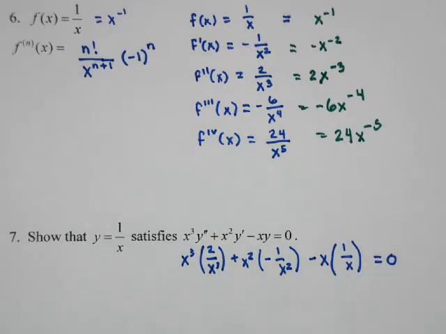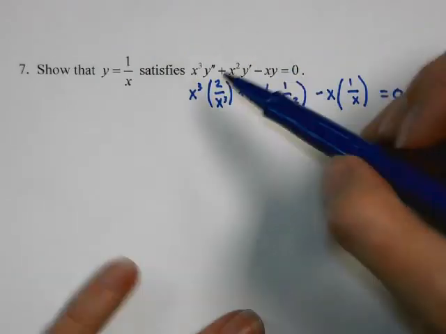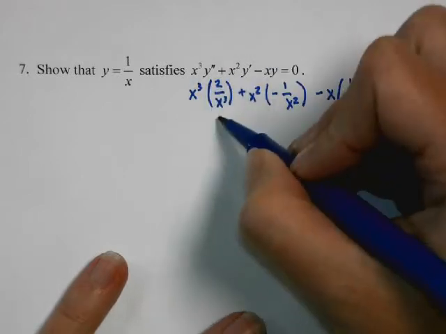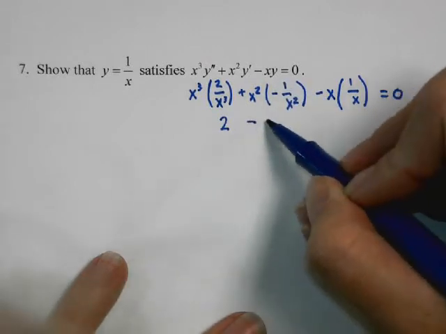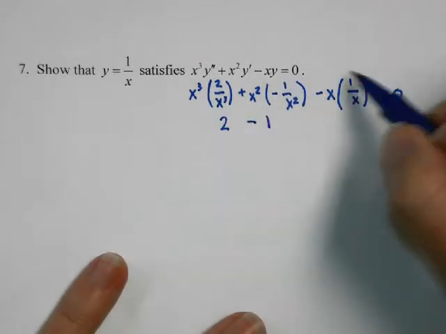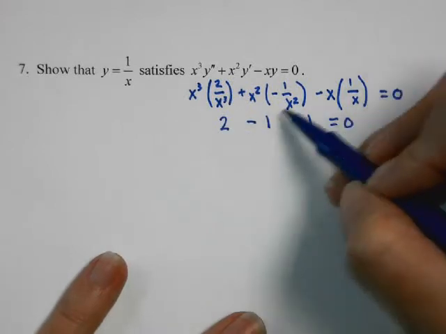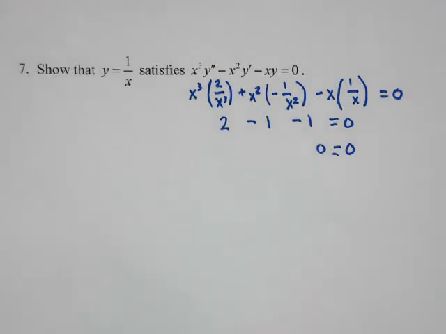And we're hopefully going to see that this is 0. So we'll simplify this down. X cubed times 2 over x cubed, those cancel, so we're just left with 2 there. Here, x squared times -1 over x squared is going to be -1. Same thing here, -1. And 2 minus 1 is 0, which means that satisfies that differential equation.